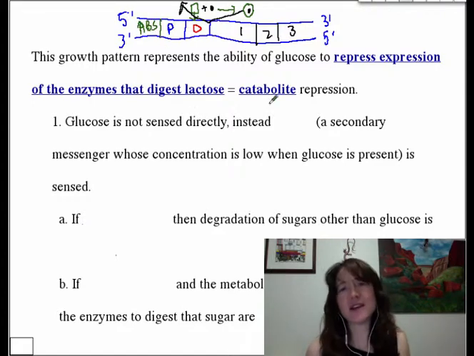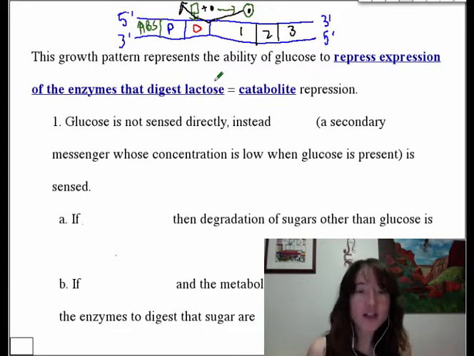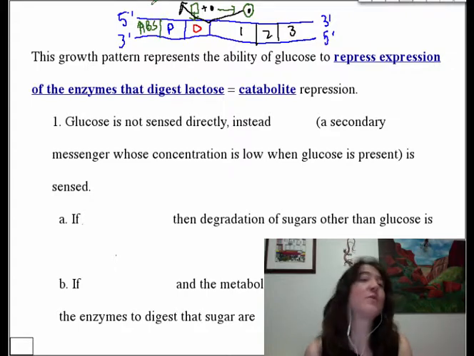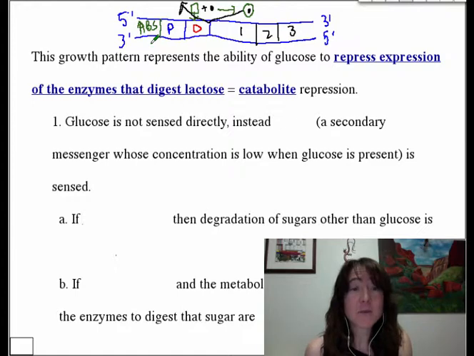But hang on a minute, glucose is not an activator, right? Not at all. In fact, the presence of glucose is inhibiting the expression of the lac operon. So how could we mold our head around the idea that glucose is inhibiting the expression of the genes 1 through 3, somehow inhibiting it at the activator binding site?